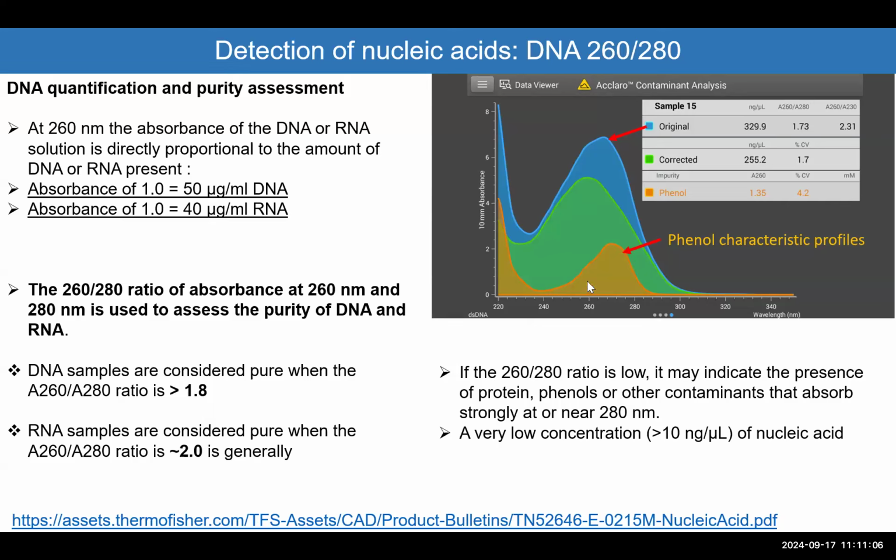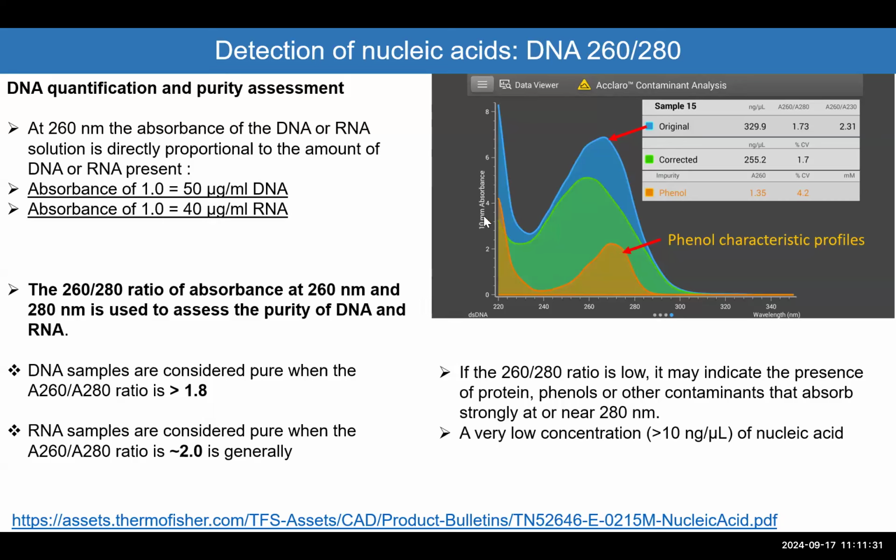However, the peak is not 100% at the 260. It's a little bit shifted toward the 280. I would say it's around 270, somewhere like that. So in case you have a contamination of phenol that you carried over during the process of your extraction, that's how the sample will look.